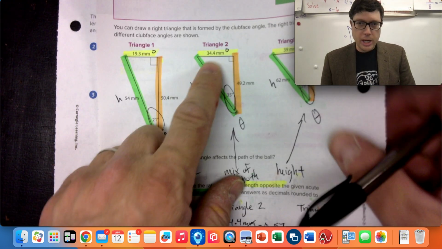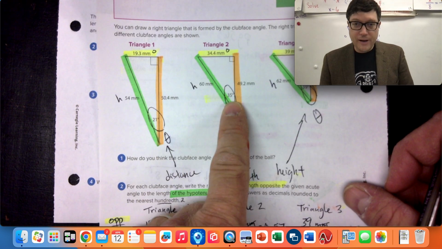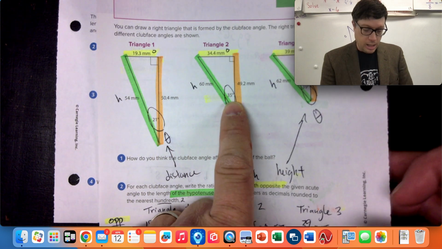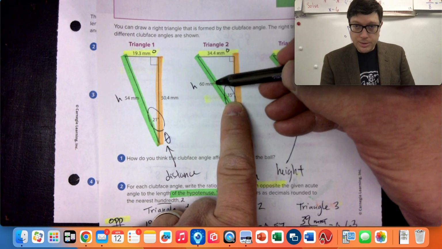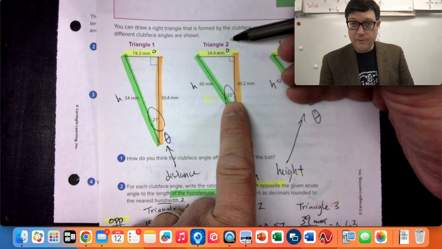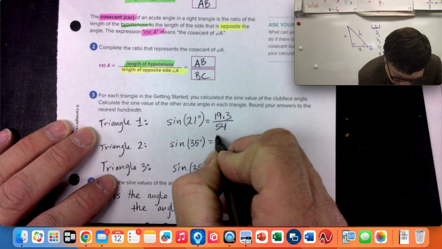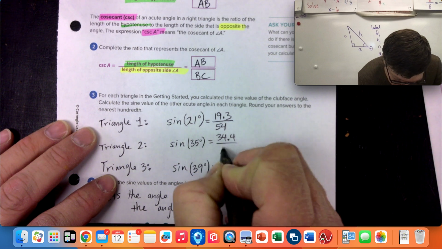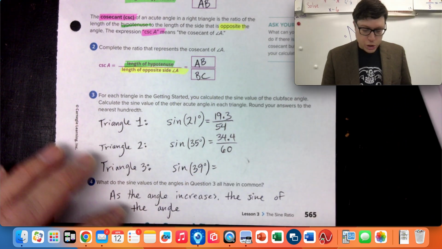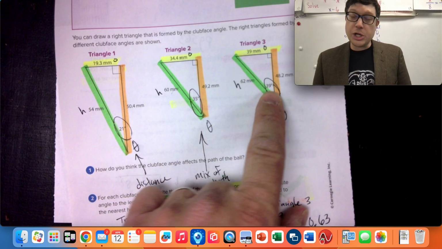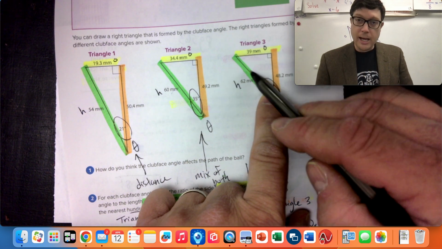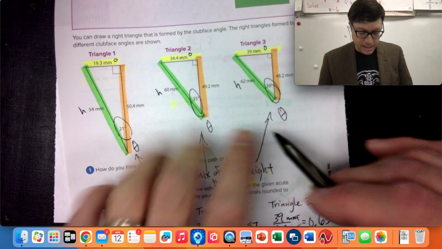In the next one, triangle 2, the sine of 35 degrees is opposite divided by hypotenuse. So the opposite side is 34.4, and the hypotenuse is 60. 34.4 divided by 60. In the last triangle, the sine of 39 degrees, it's opposite divided by hypotenuse, so 39 divided by 62.